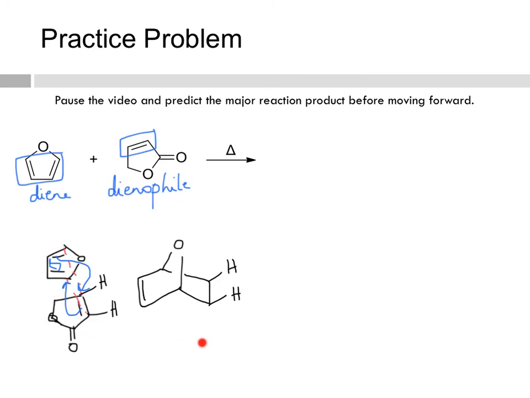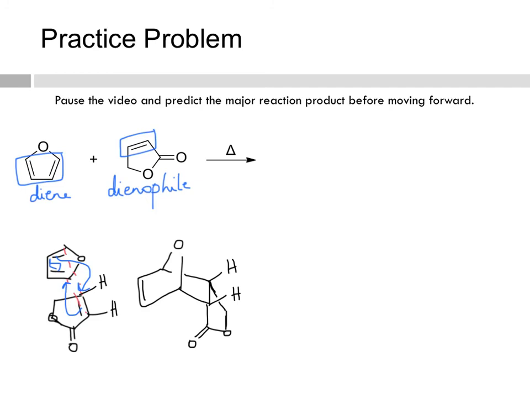So the rest of the ring is going to be here, and that's going straight down. And that's the molecule. I drew the carbonyl coming off of the front carbon.